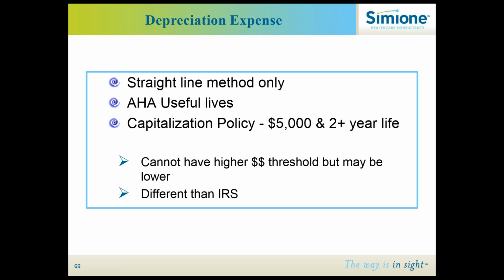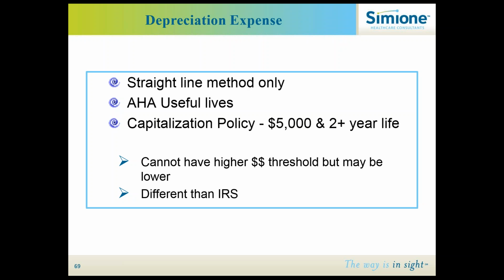Basic premise is with IRS, you can expense like $17,500 a year, Section 179, whereas for Medicare, any item under $5,000 can be expensed. So there could be some difference. And of course, you could have a different threshold. We recommend using $5,000 as a threshold so you could expense as much as possible.